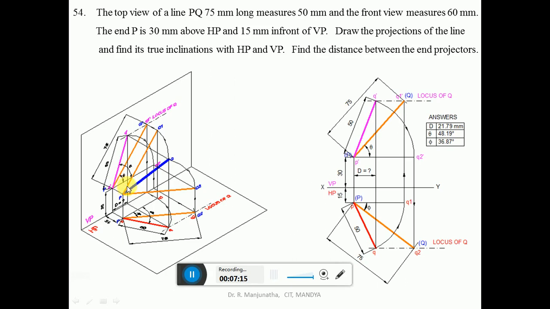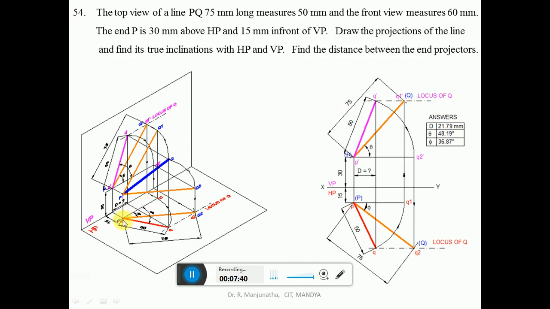Now similarly, due to the presence of this true length in HP, the line is parallel to HP, and this is the locus of Q in the top view. So now in the top view, Q is in front of VP by 15 mm, but because of the presence of this locus of Q, Q is going to be in front of VP by this distance, such that the length of the line is not altered.